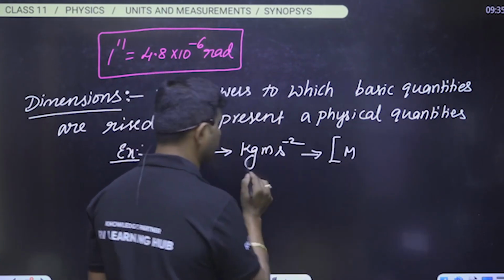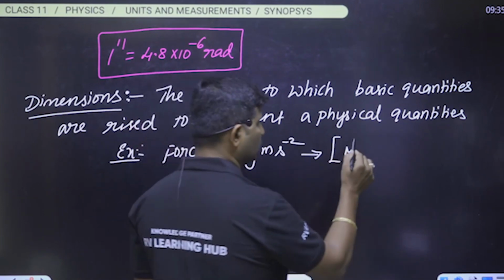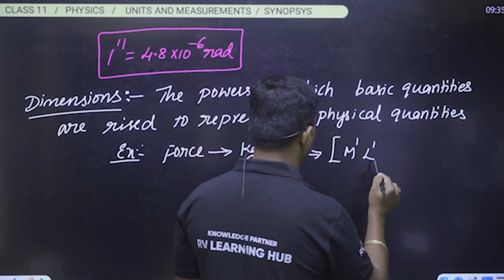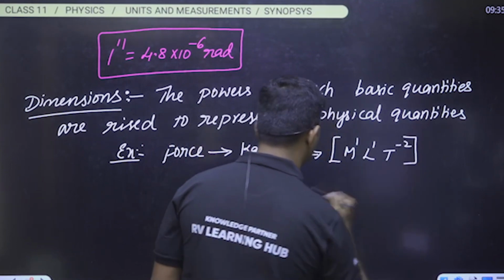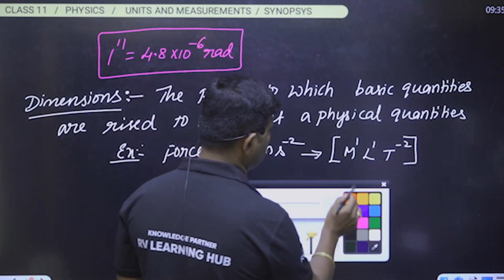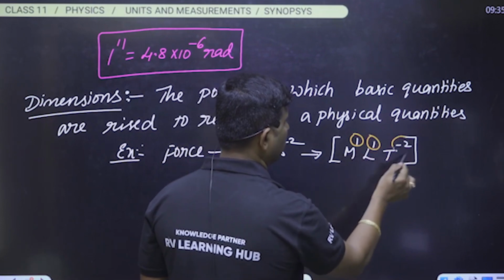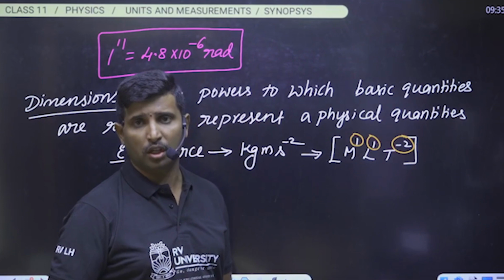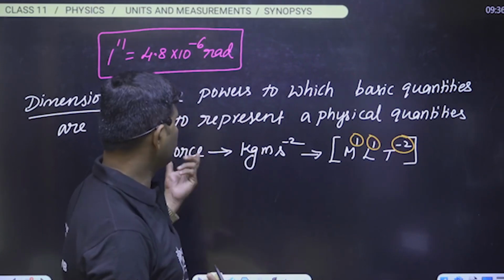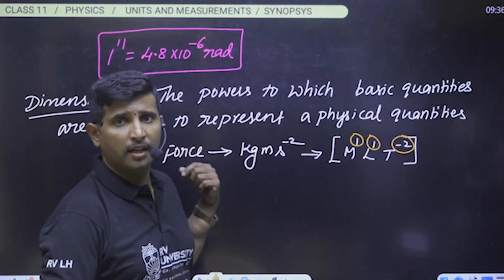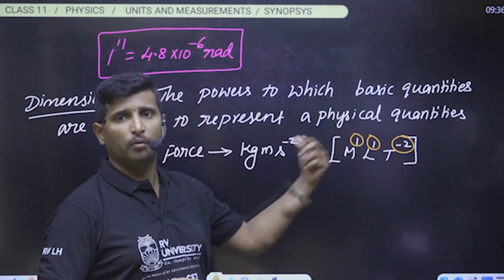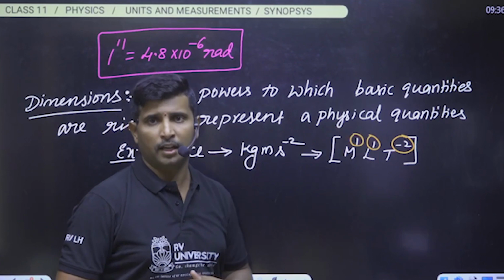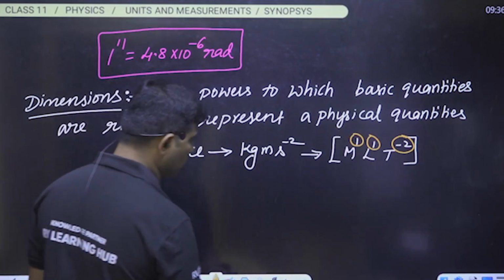We can say kg, nothing but mass, M to the power of 1, meter, nothing but length, L to the power of 1, time T to the power of minus 2. These powers 1, 1, minus 2 are called the dimensions. See here, force has the dimensions: mass to the power 1, length to the power 1, time to the power minus 2. Like that we have to think and analyze here.